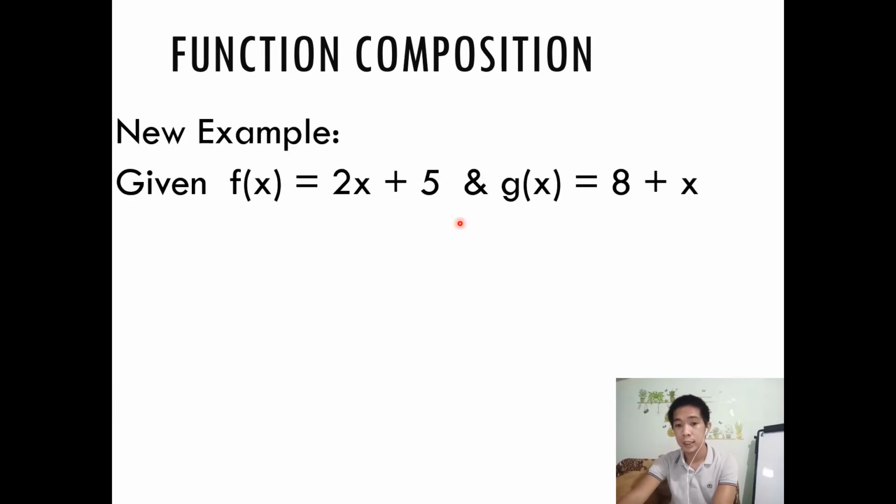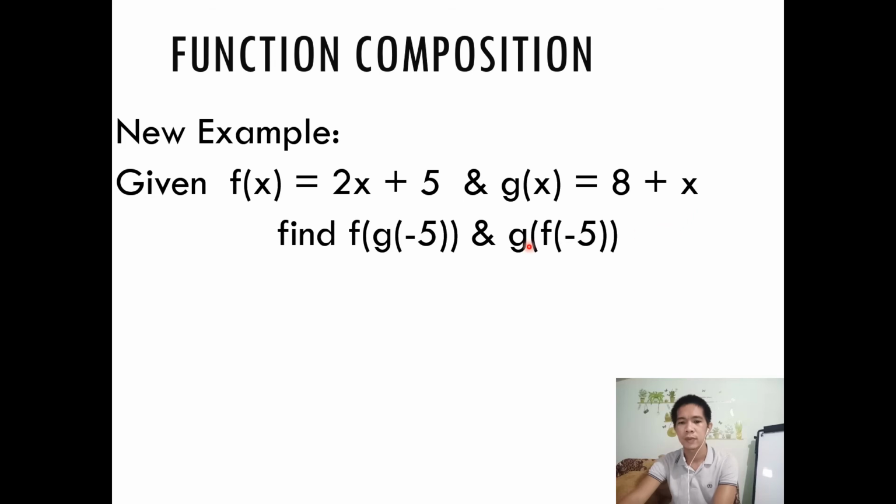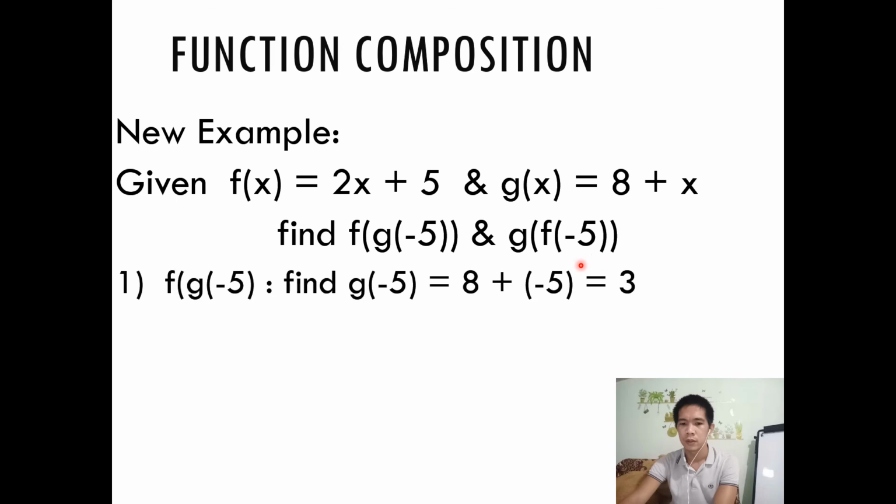So, another example. Given that f of x is 2x plus 5 and g of x is 8 plus x, find f of g of negative 5 and g of f of negative 5. First is, evaluate muna natin si g of negative 5.